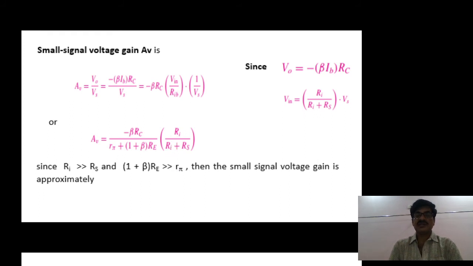Since Ri is far greater than Rs and 1 plus beta Re is far greater than R pi, the small signal voltage gain is approximately just minus RC divided by Re.